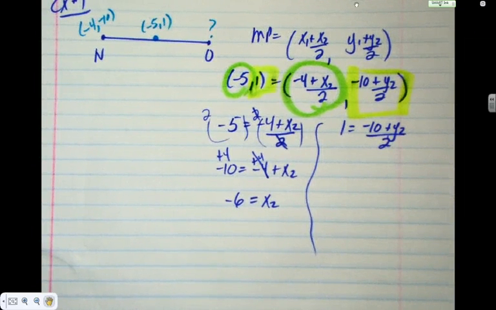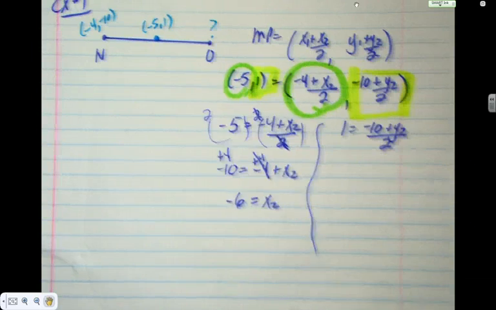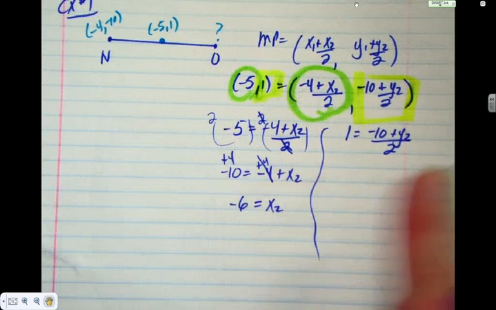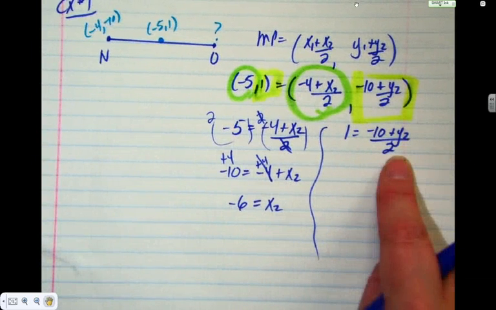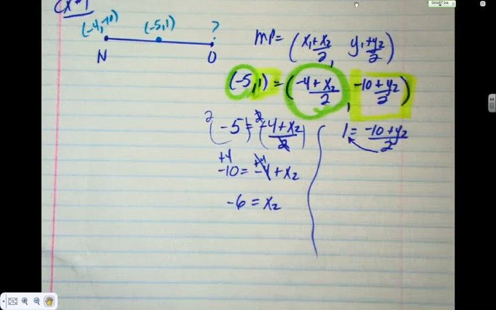What did I just calculate? What did I just find? The x-coordinate of this guy. I got to do the same thing for y. What's the opposite of dividing something by 2? Timesing by 2. So he's going to come up and be multiplied.